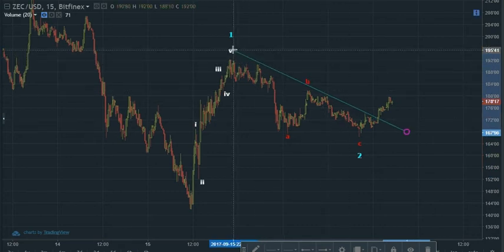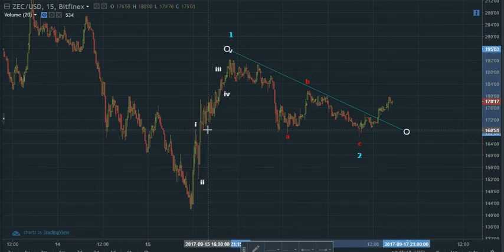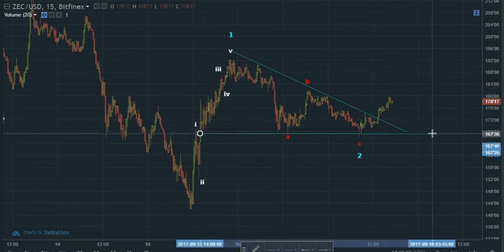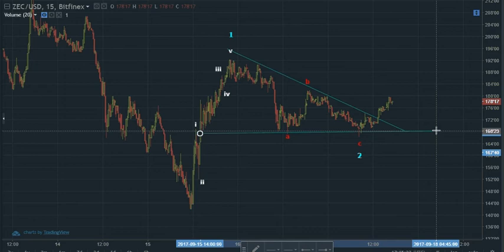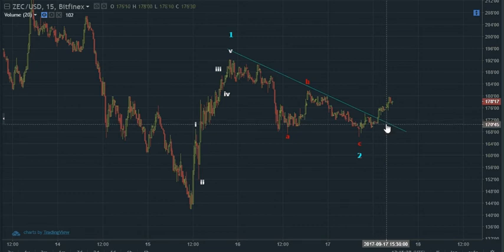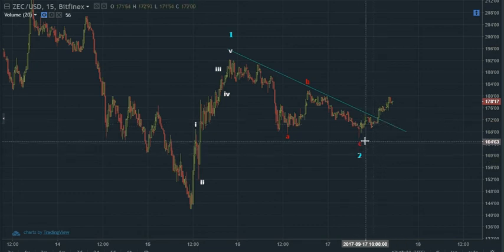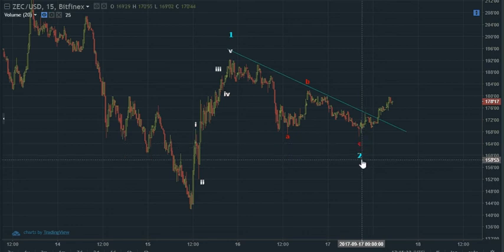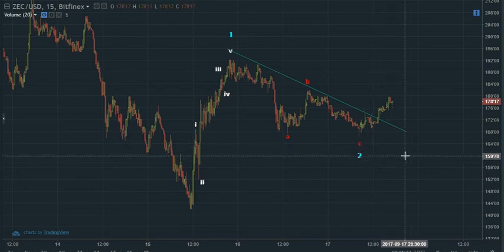And again, drawing resistance and support lines would be helpful, like so. Okay. And prices did breach this smaller resistance line, which gives additional evidence that wave 2 is in, probably.